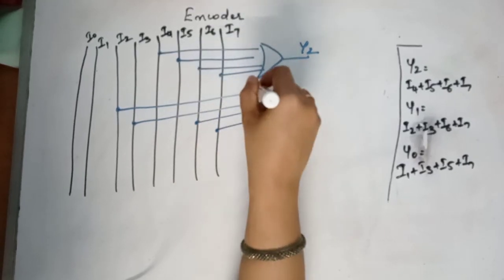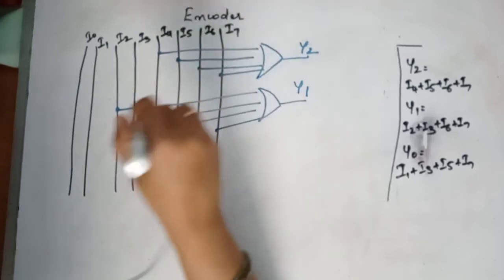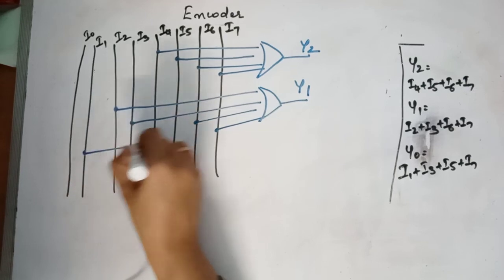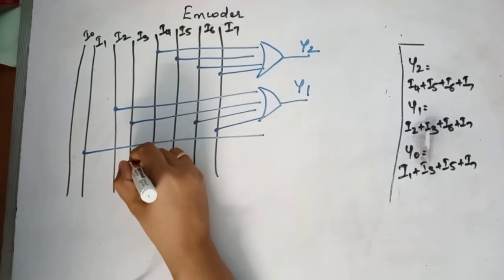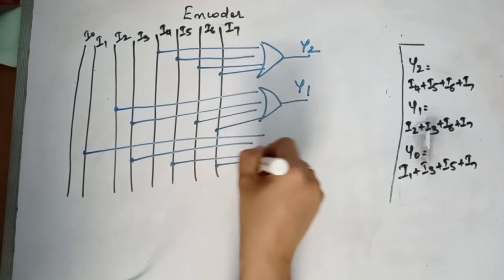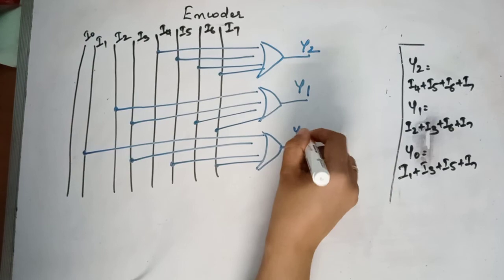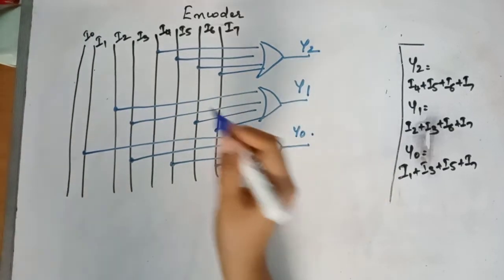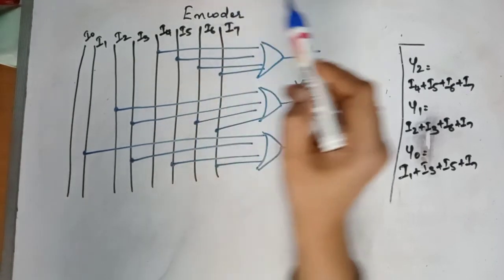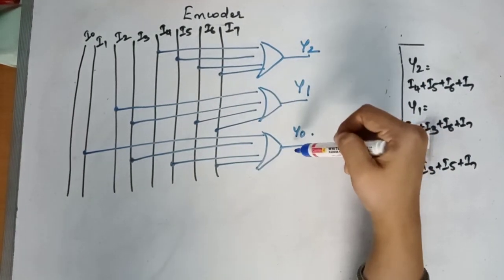Any of these are 1, then my Y1 is 1. Y0 when I1, I3, I5, I7. If any of these are equal to 1, my Y0 is 1. So I'll give the inputs here and I'll check what my output Y2, Y1, Y0 is.